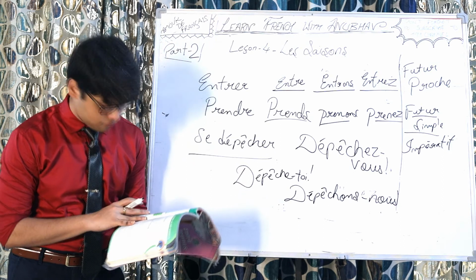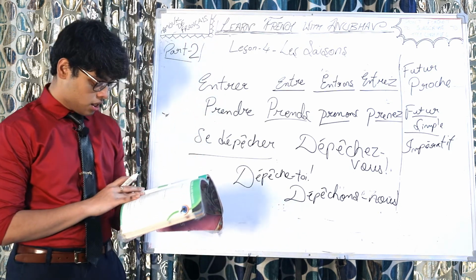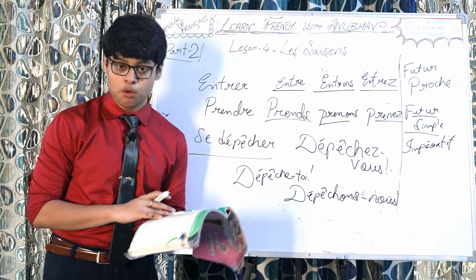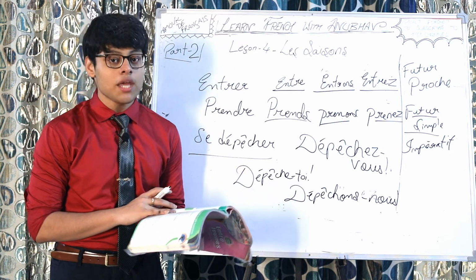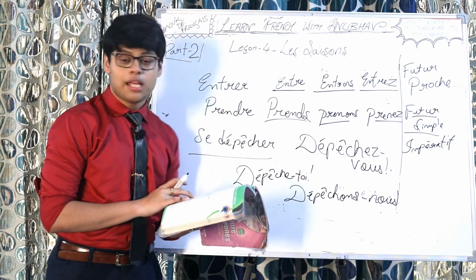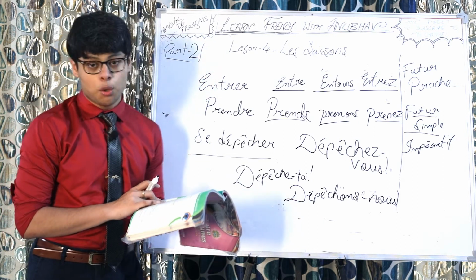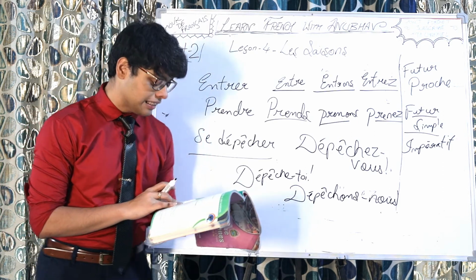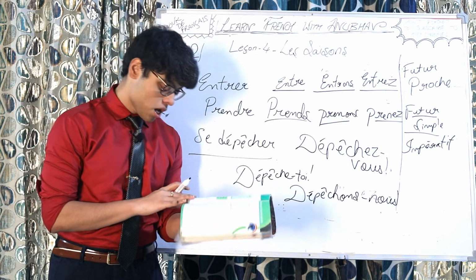Similarly for être, we have sois for tu, soyons for nous, and soyez for vous. Similarly, we have savoir: sache for tu, sachons for nous, and sachez for vous.